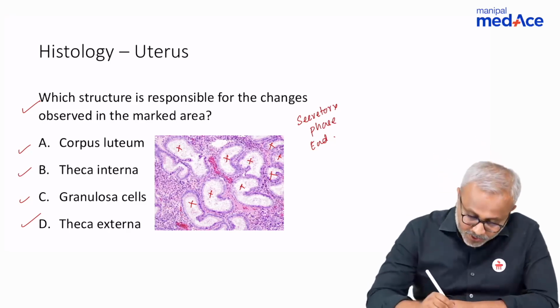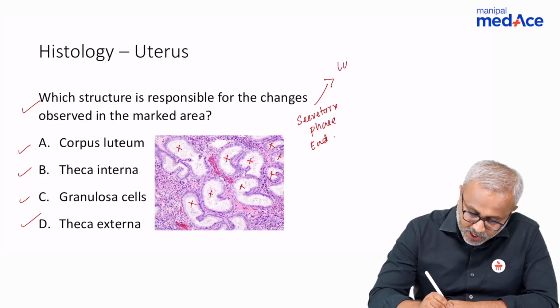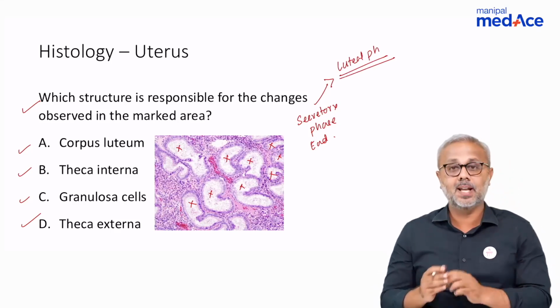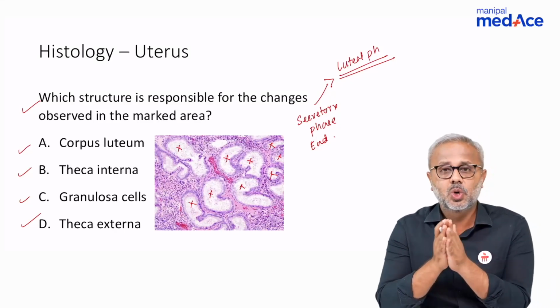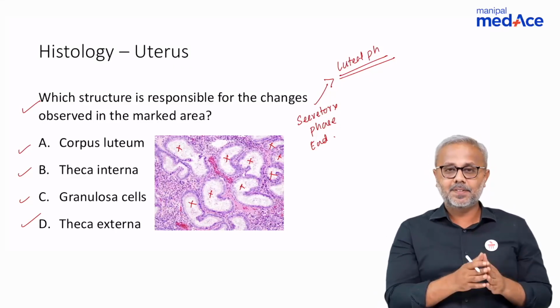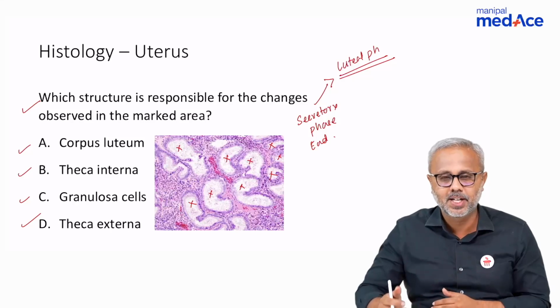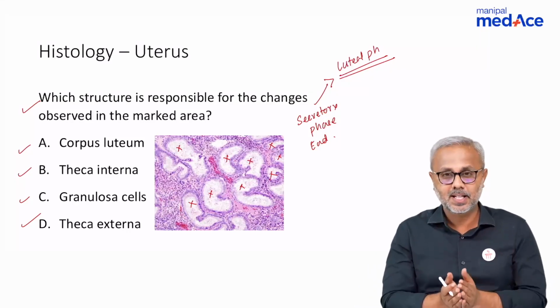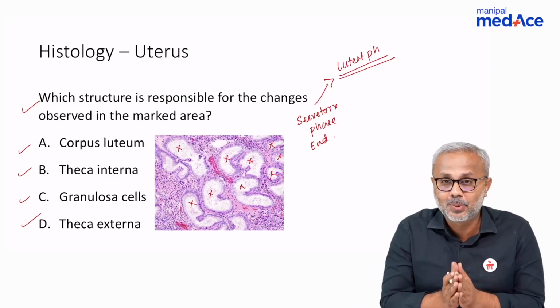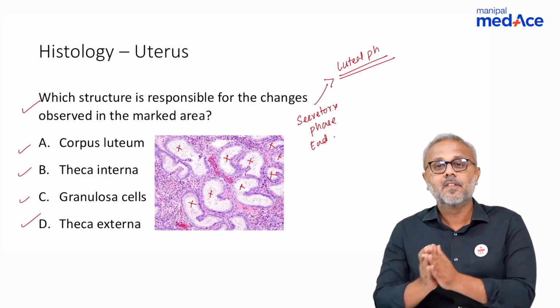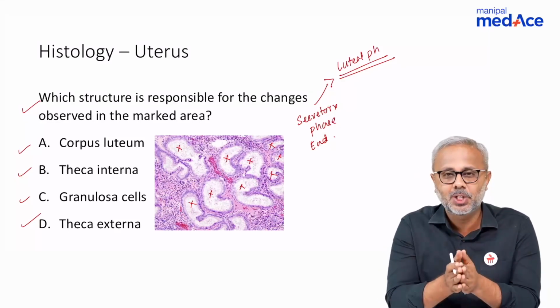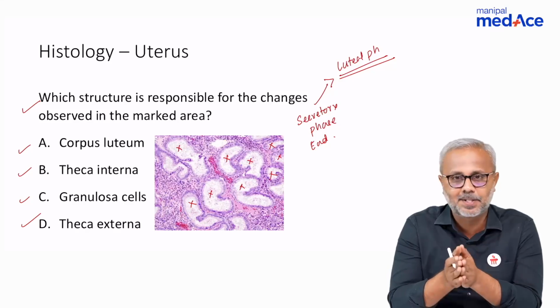As we know, the secretory phase is also referred to as the luteal phase of the menstrual cycle, which occurs after ovulation, right? After ovulation, the secondary oocyte is released, the leftover follicular cells will form the corpus luteum, and the corpus luteum starts secreting progesterone, which will increase the complexity of the endometrial glands.